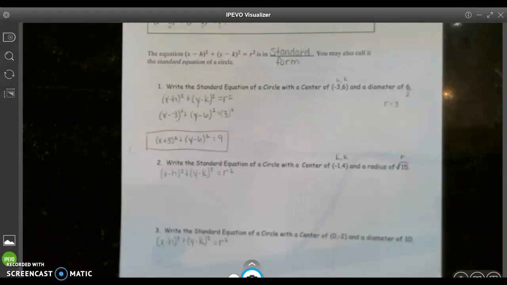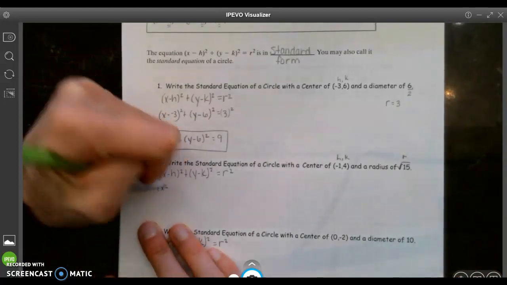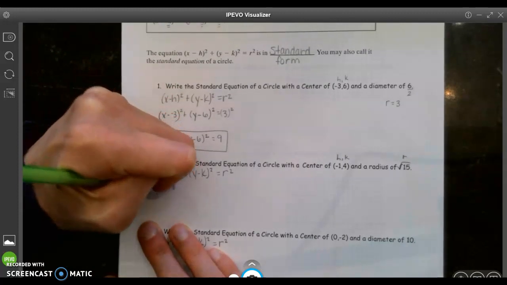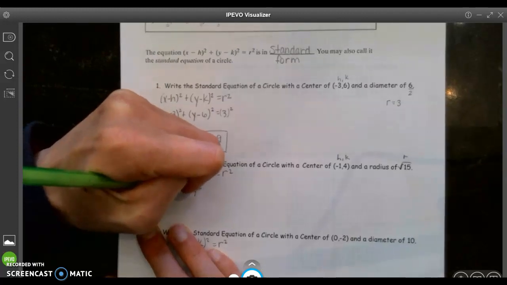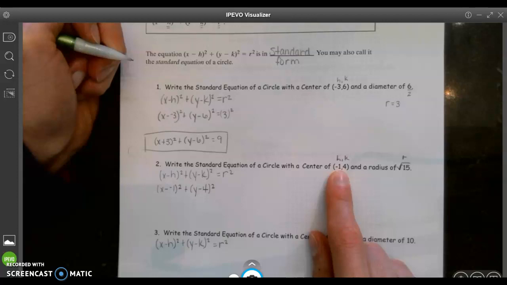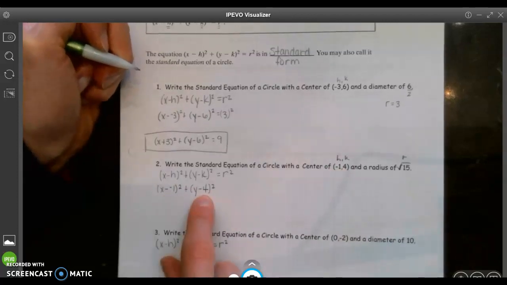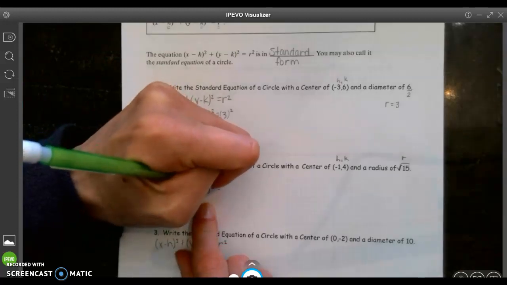We're going to put all that information in there. So we have x minus h, -1, squared, plus y minus k, which is 4, squared, and again, h and k just came from here. So -1, 4, just take them and put them in here, equals r squared.